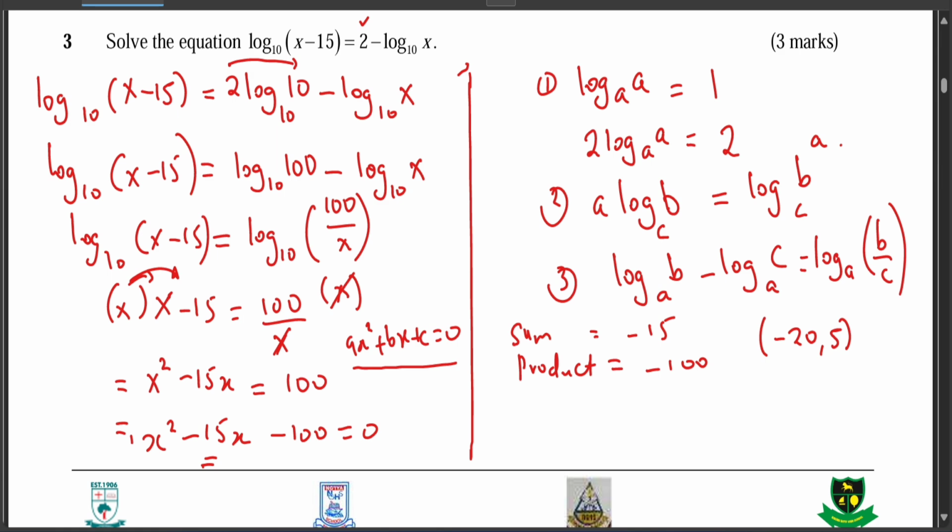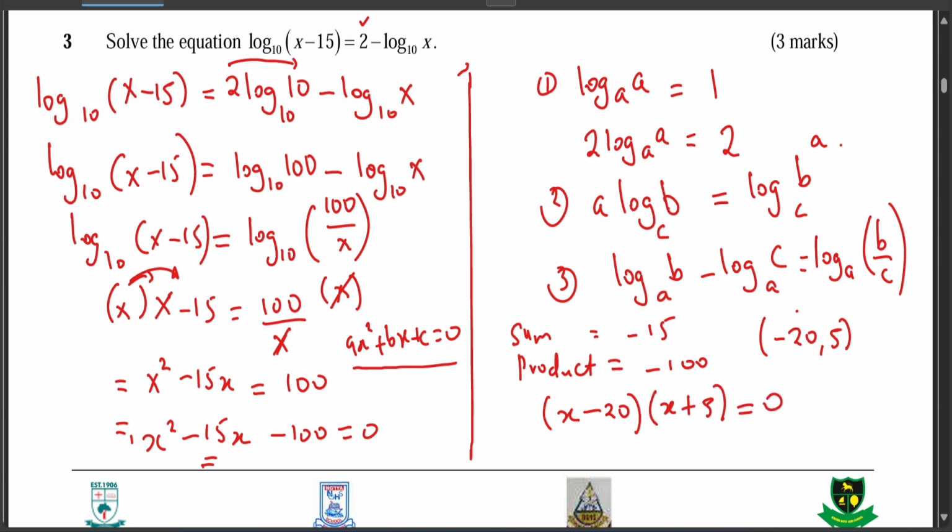So when you're factorizing them, it is quite easy, because if the coefficient for x squared is just 1, you factorize it this way with the help of those two terms, which is negative 20 and 5. So you write the first factor, the first bracket will include x minus 20, and the second one will have x plus 5, which is equal to 0.